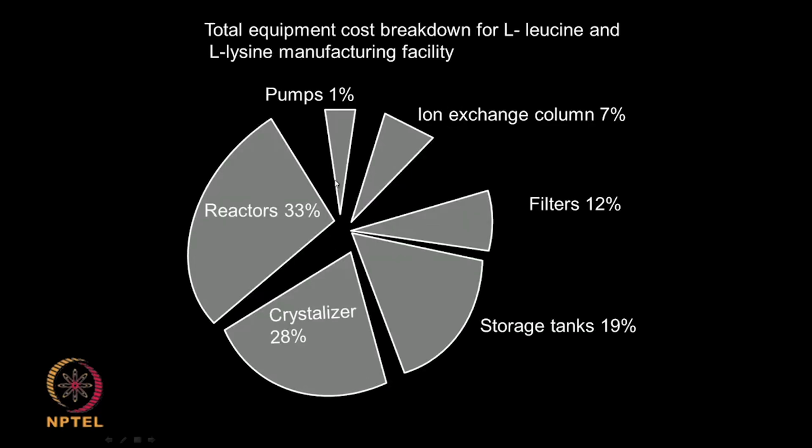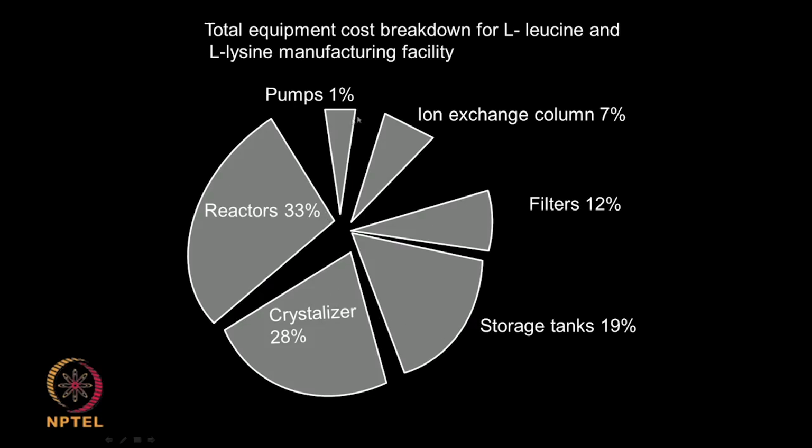Okay. Now, let us look at another amino acid like leucine and lysine manufacture. Again, if you look at the equipment cost for manufacture of these two products, you can see only 33% of the cost is because of the reaction, whereas 28% is because of crystallization, 7% is because of ion exchange chromatography, 12% is because of the filter, 1% is because of the pump, and 19% is because of the storage.